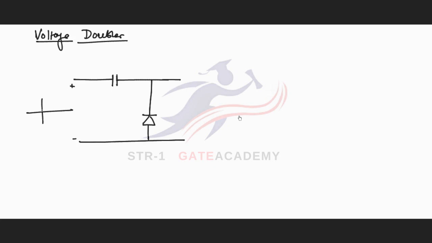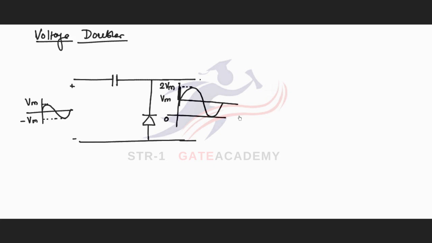If we have applied this waveform at the input, this clamper circuit, which is a positive clamper, will change this input waveform to this one. The positive peak will be 2 Vm and the minimum level will be at 0.